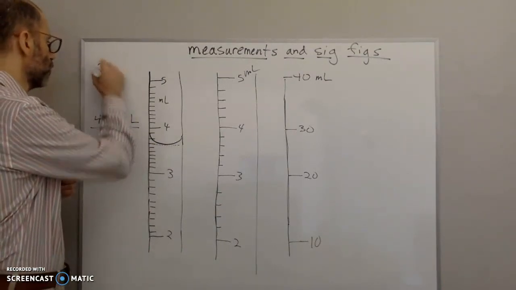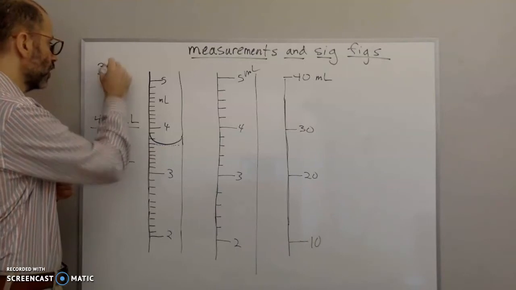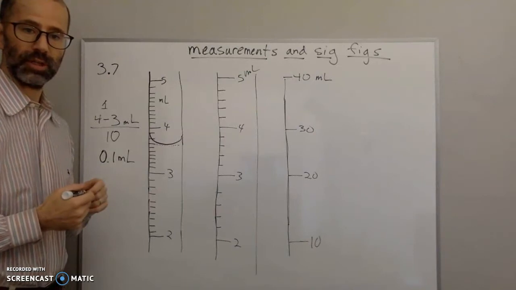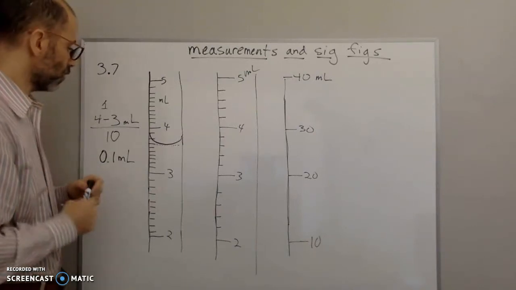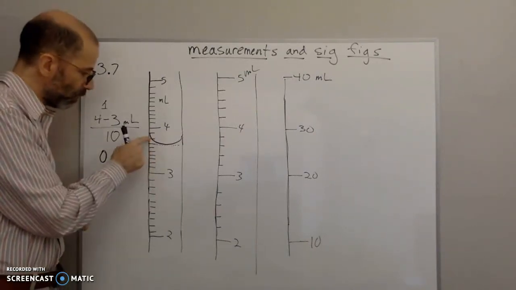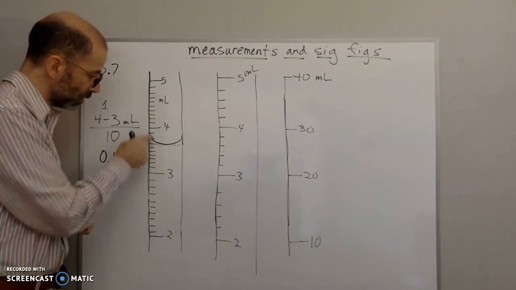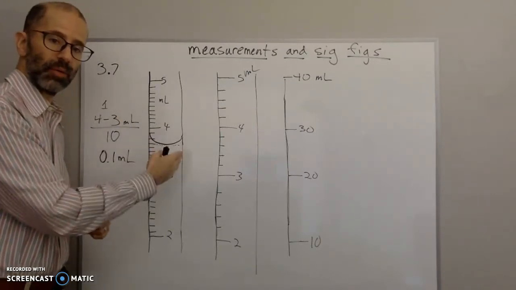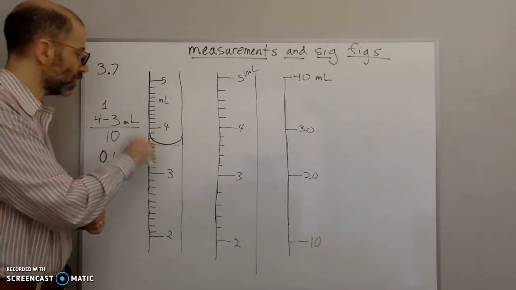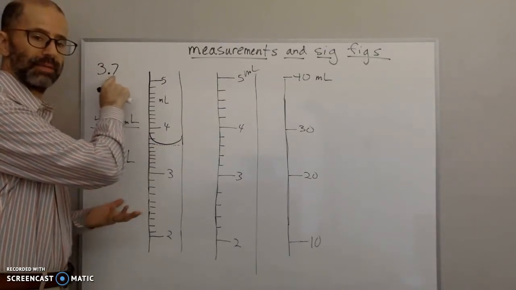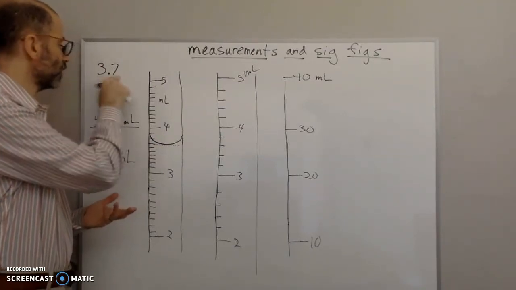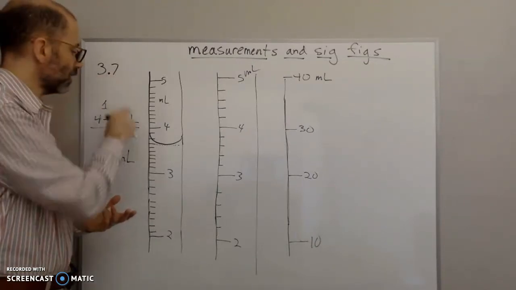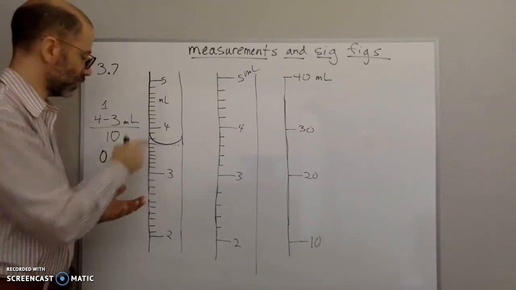It would be 3, I know that for sure, and then 0.7, I would know that for sure as well. So if it falls between the two lines, then I'm allowed to estimate one more. I can see that it's above the 0.7, so the 3 and the 7, I know for sure. That's certain. Now I get to estimate once, and that's when it's between the lines.